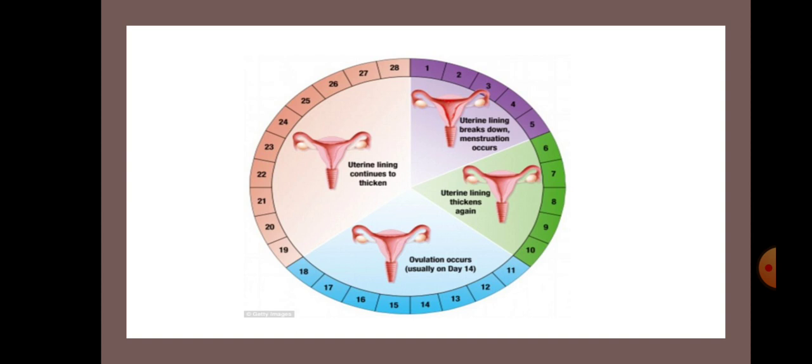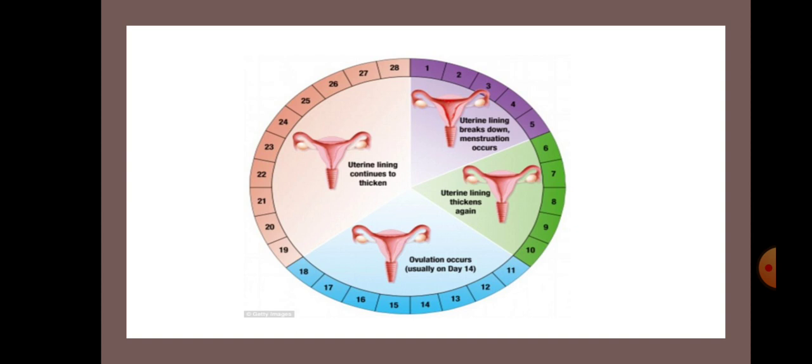The third phase is the ovulation phase. This stage takes place on the 14th day of the cycle. The phase starts as the pituitary gland secretes a hormone that causes the ovary to release the mature egg cell, which is then swept up into the fallopian tube.